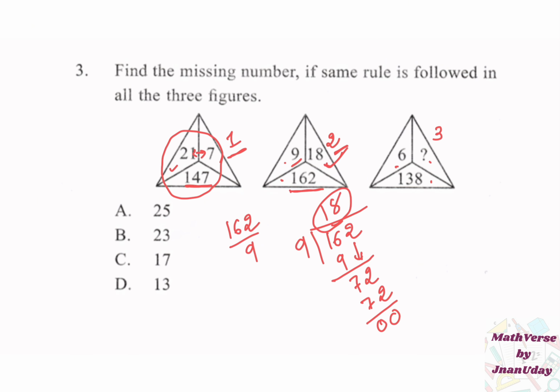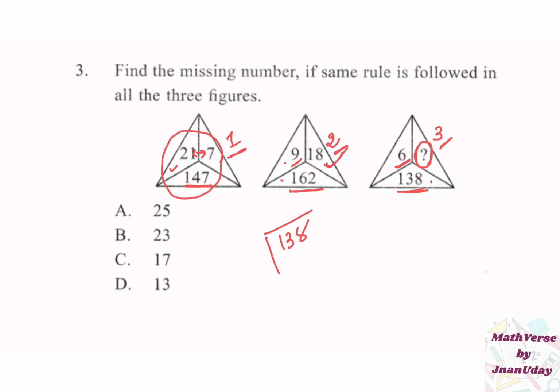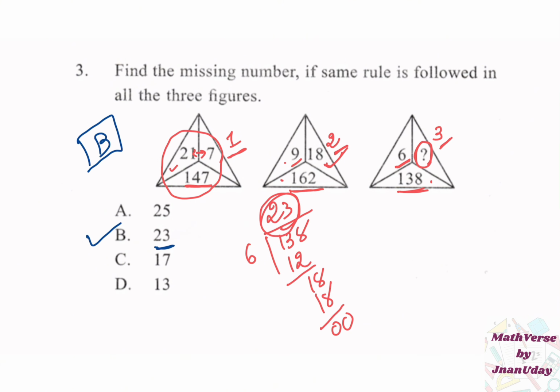So definitely the same rule is going to be applied to triangle 3 as well. To find the question mark, we have to divide 138 by 6. 138 divided by 6. So 6 2s are 12, 6 3s are 18. So which number did we get? 23. That is your option B. So the correct option for this question is option B.